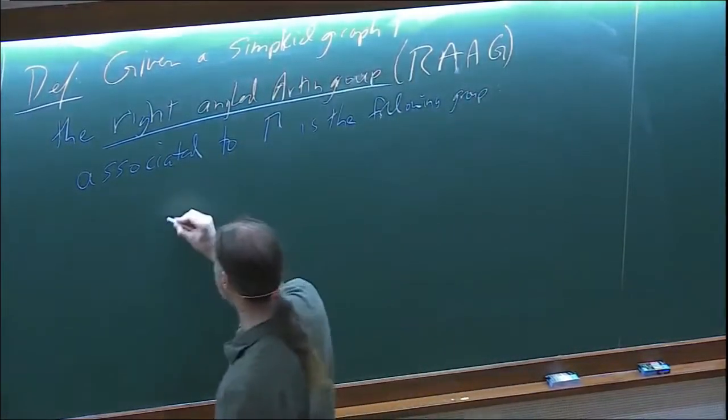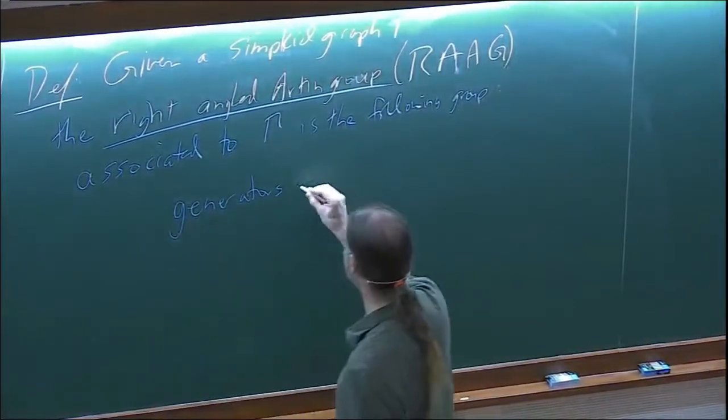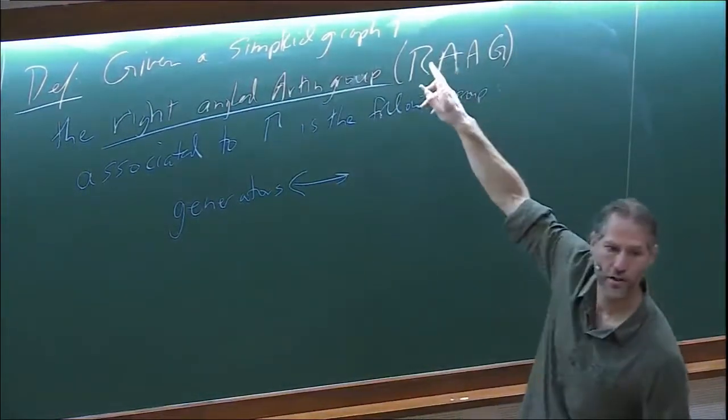Generators are in bijective correspondence with vertices of gamma.